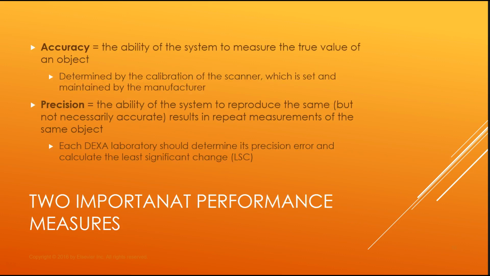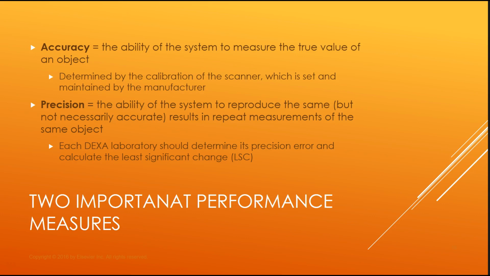Okay, two important performance measures. Accuracy is the ability of the system to measure the true value of the object, and it's determined by the calibration of the scanner. So it has to be set and manufactured by the manufacturer, and the people using the scanner have to make sure that QA and QC is done correctly and precisely. The second thing is precision.